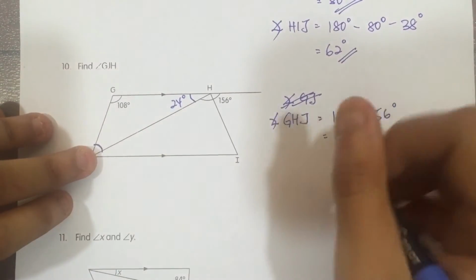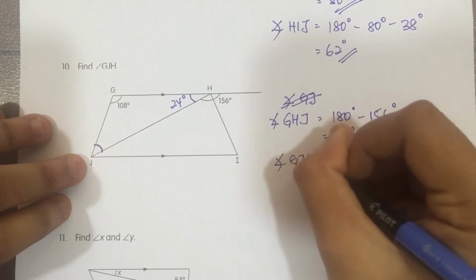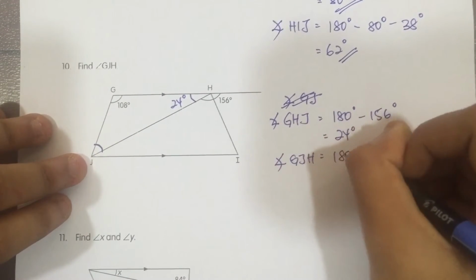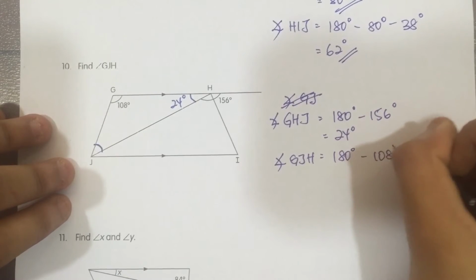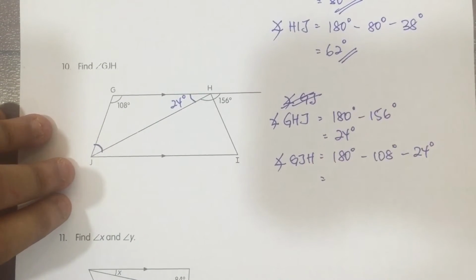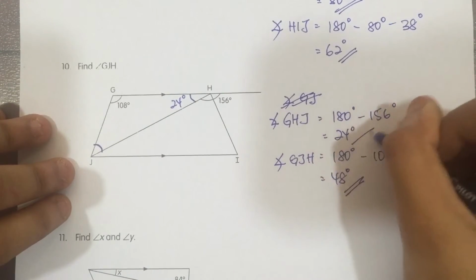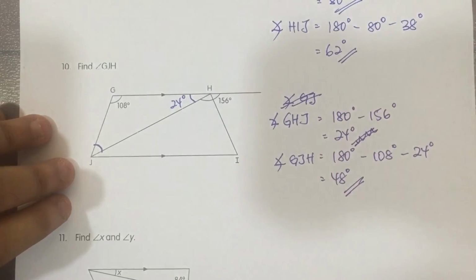So now I can find this angle using sum of angles in a triangle. Which will give me 48 degrees.